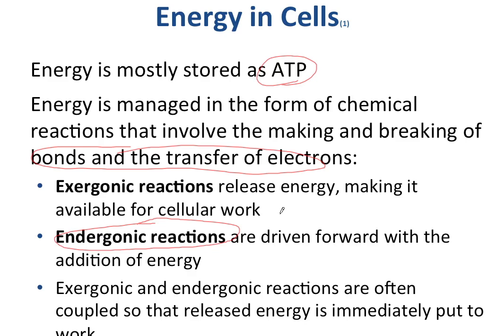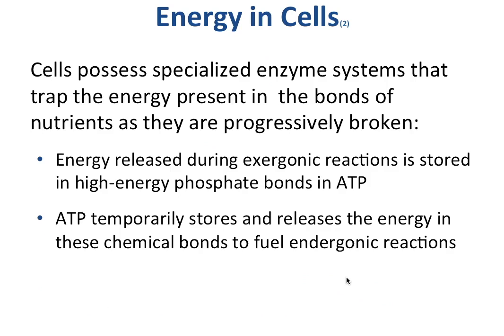So the endergonic reaction means, for example, the anabolism. So the cell will make new molecules. So the making process needs energy, right? So the energy is used by the cell to make new molecules. So the energy is added to the chemical bonds of the new products. So this is the endergonic reaction. Actually, the exergonic and the endergonic reactions are coupled together. Okay, are coupled together.